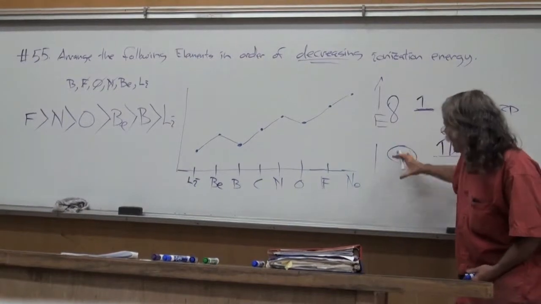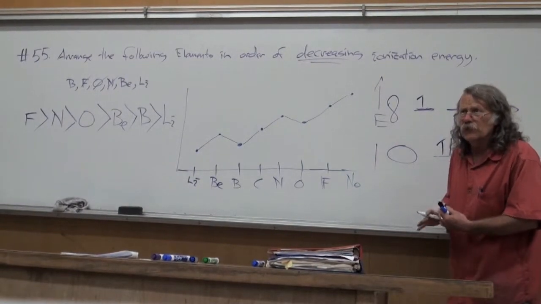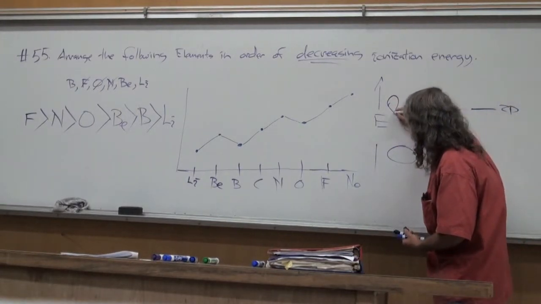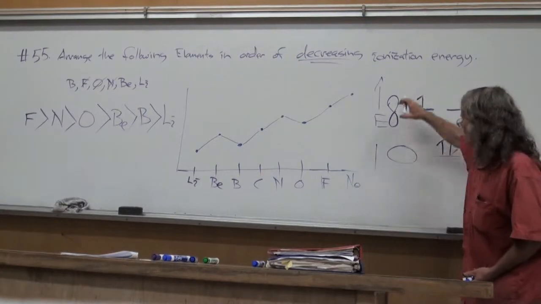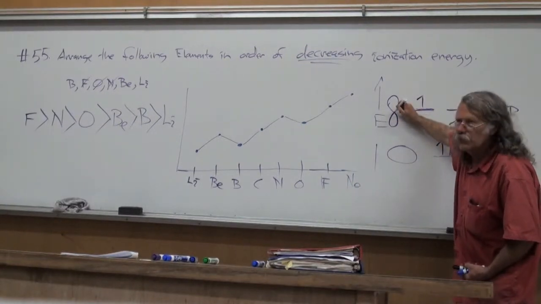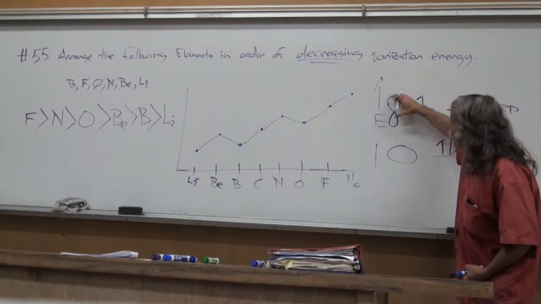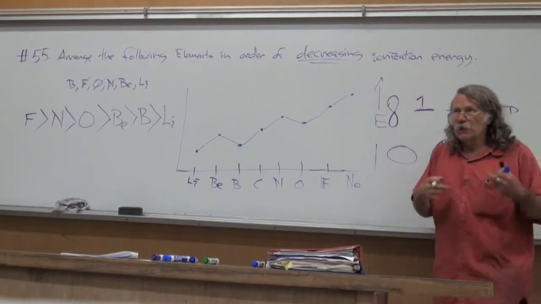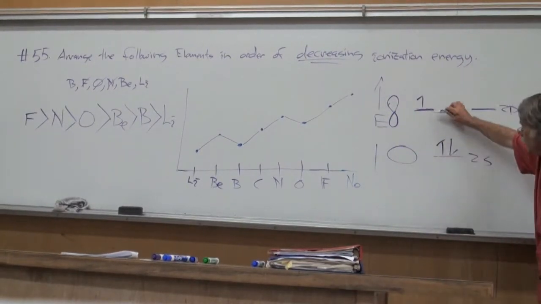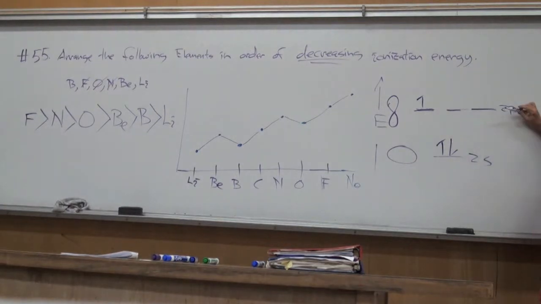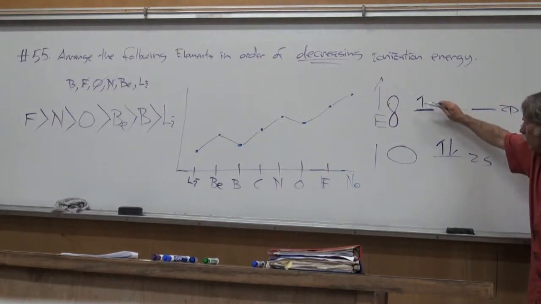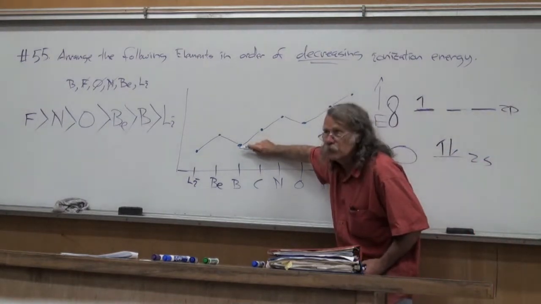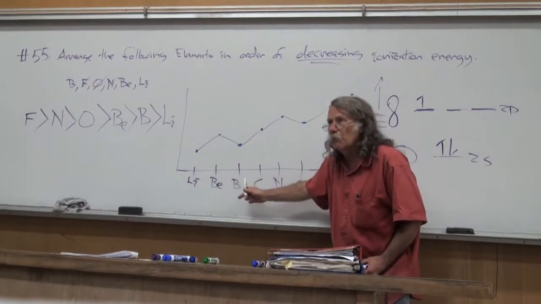Well, the s orbital has a significant electron density near the nucleus, whereas the p orbital, and I didn't draw a very pretty p, doesn't have any electron density at the nucleus. It has a node at the nucleus, and the electron density is spatially extended out in space. So it's further away, it's not going to be held as tightly, and it's reflected in this energy diagram where the p orbitals are higher. And so this is not going to take as much work to remove as one of these. And so therefore, I see a decrease rather than an increase as I go from beryllium to boron.